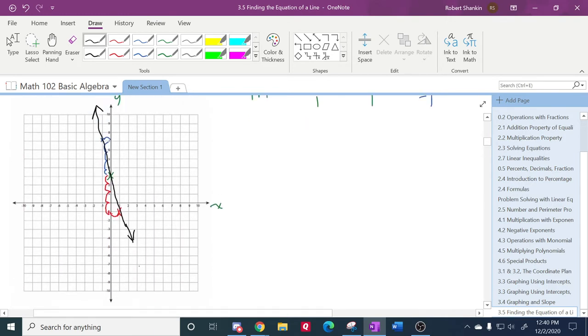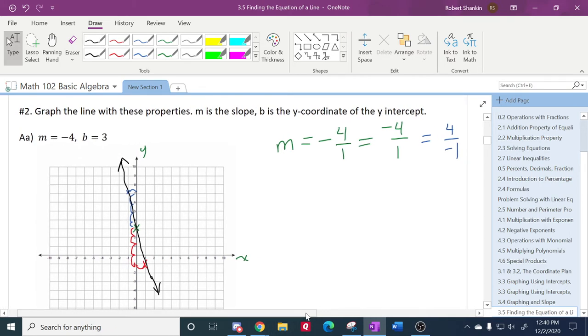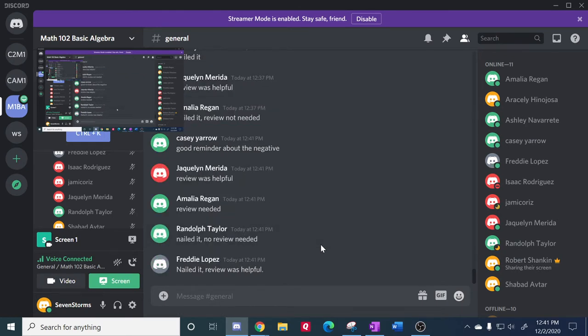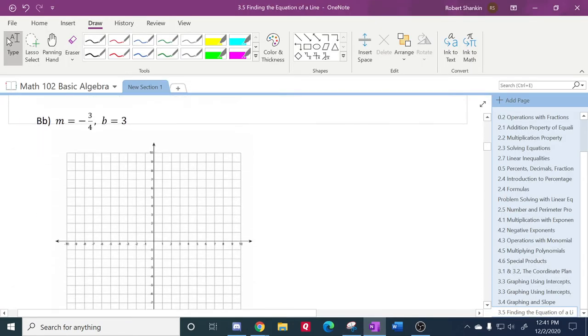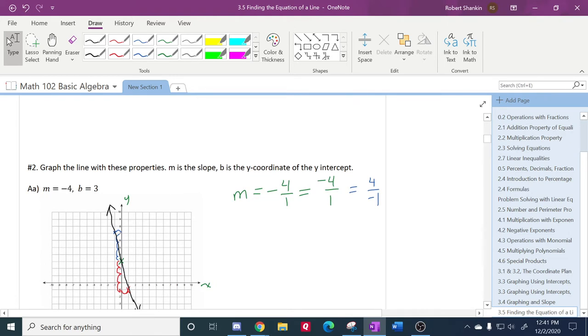Okay, and then give me feedback on 2A. Okay, let's go to B. So the directions, again, graph the line with these properties.